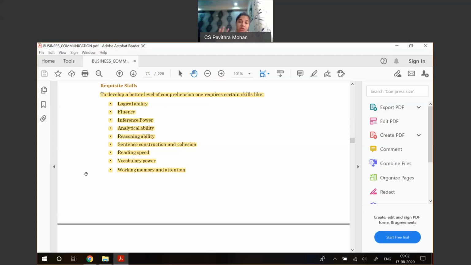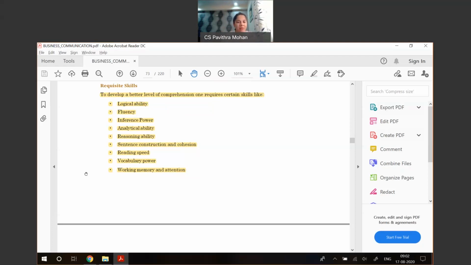While reading it fast, you should be able to interpret and grasp as much information as possible, like what the author is trying to tell, what is the information being given to us, whether the information is clear, what he is talking about, what kind of sentences he's framing, what is the logical connectivity. All these things we have to understand.